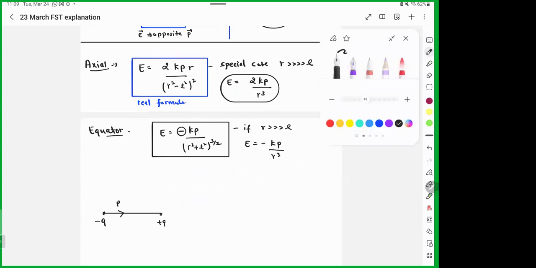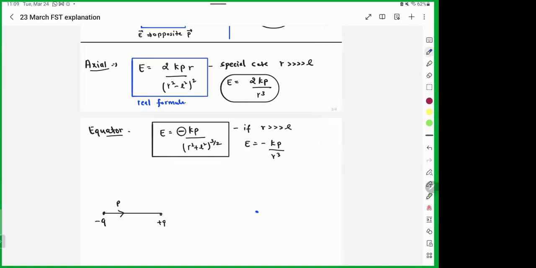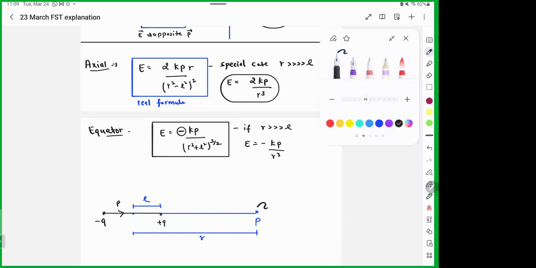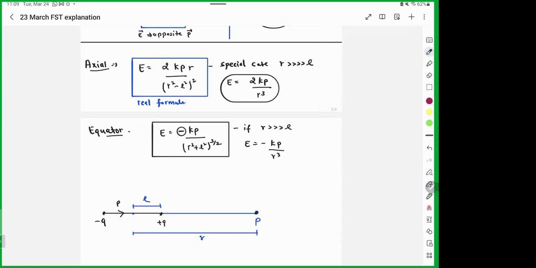Example, if you place any unit positive test charge here at P point, half of the distance is L. I am just writing this so you can correlate, and this I set R. Now tell me, if you look from the positive charge, it will repel more because the positive charge is closer.